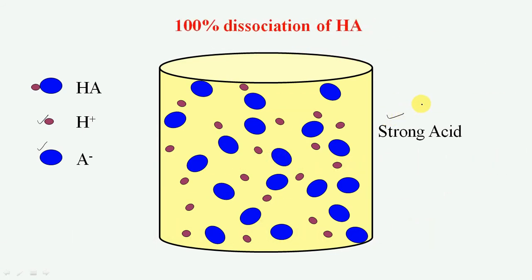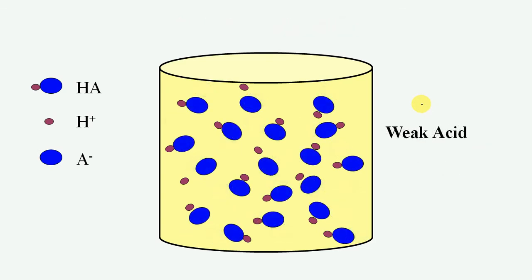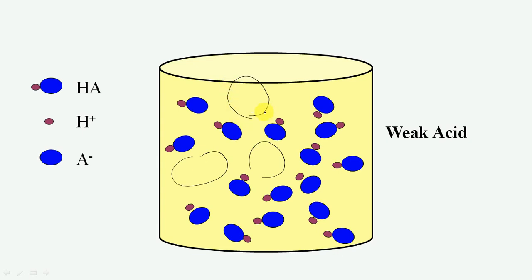So we can tell that there is 100% dissociation of HA. Similarly, in case of weak acids, there are only a few ions which are in the dissociated form. So in case of weak acids, the ionization is incomplete. So we can tell that there is a partial dissociation of HA.